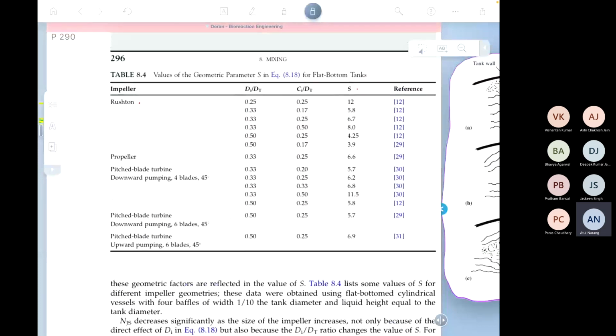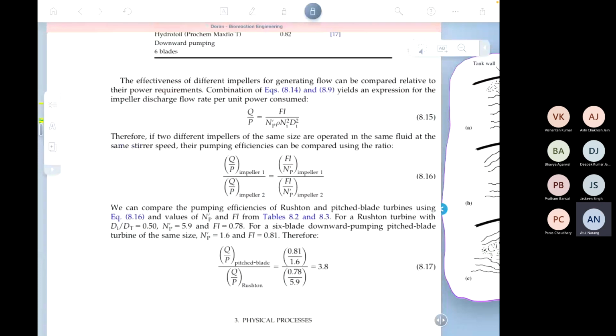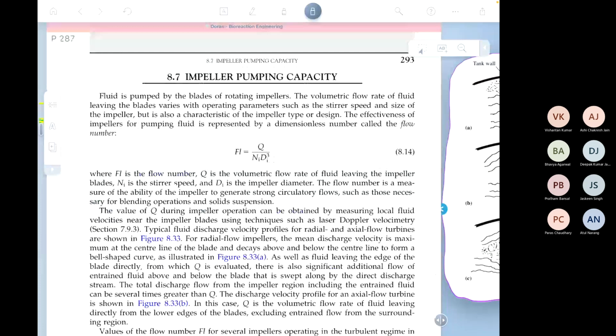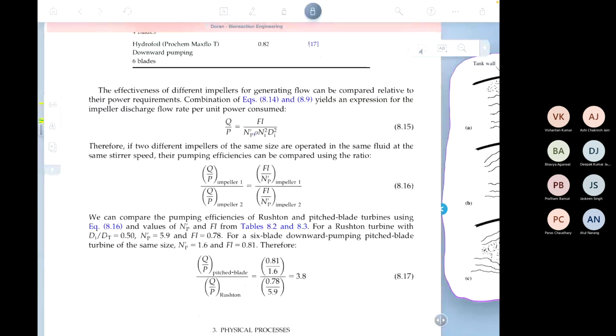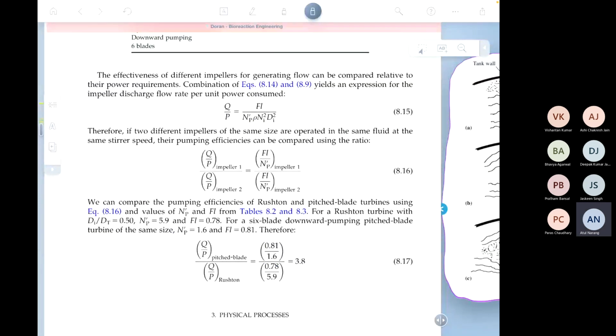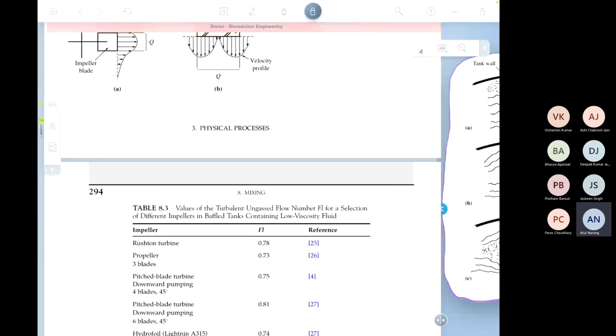These are given. So this topic I have not covered. So here's an example, right? This table 8.2.